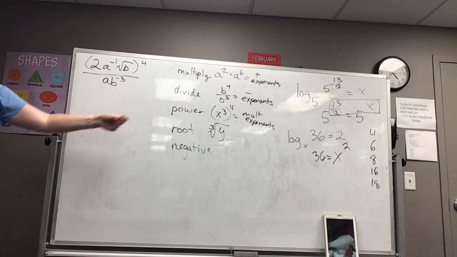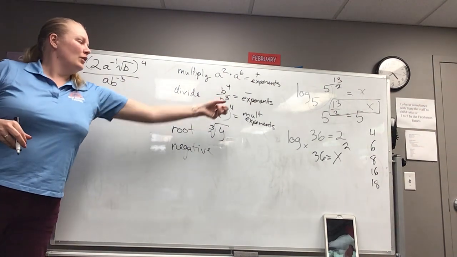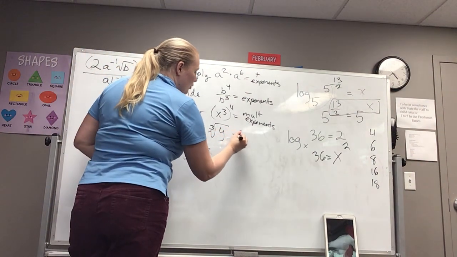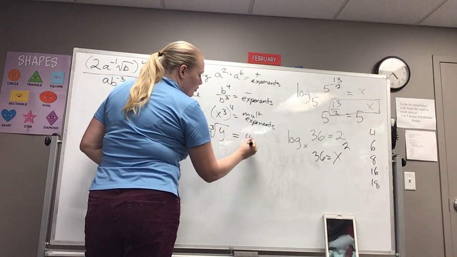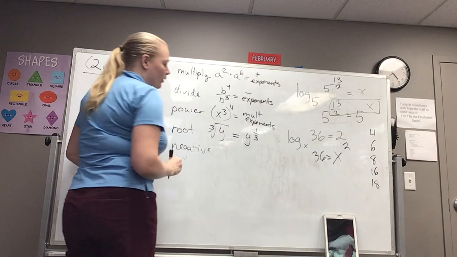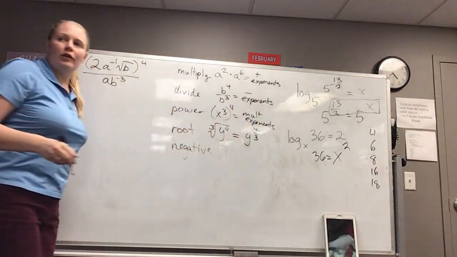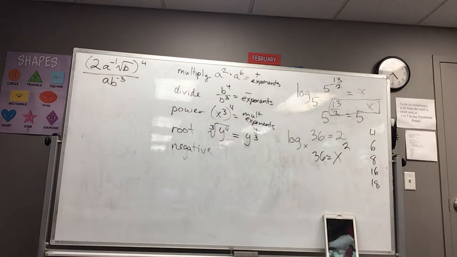We divide. If we have a power, we were multiplying, so if we have a root, we are dividing, and this becomes y to the 1/3. If this had been y to the 4th, it would have been to the 4/3. The root divides that exponent.